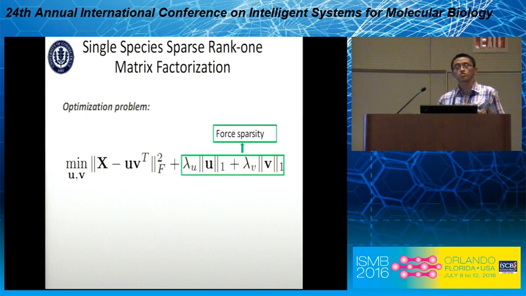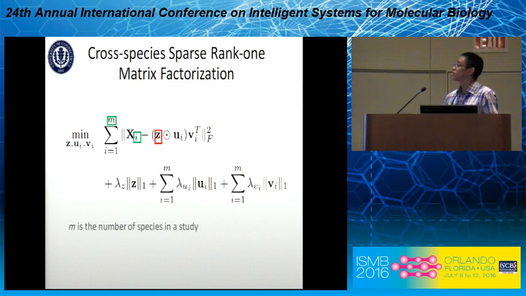Then we extend this to cross species, so we can find the correlation across multiple species. What we do is essentially add together all the individual factorizations, except we use a Z to link and unify all the factorizations. Here I is the index of the view.